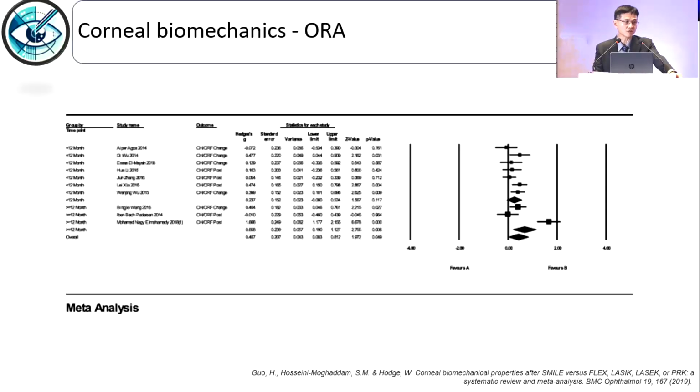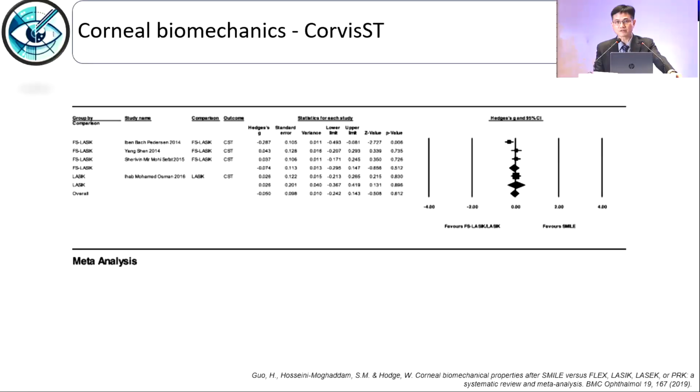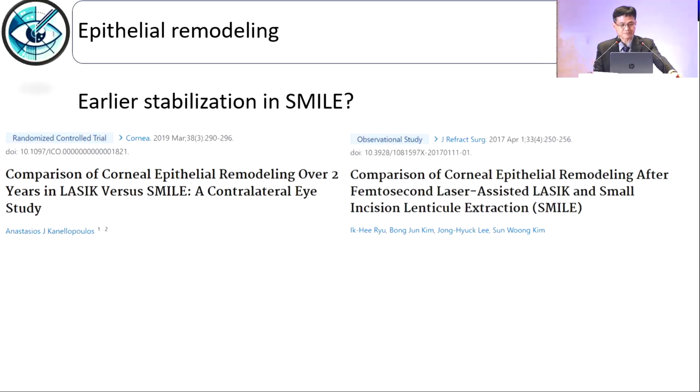How about the corneal biomechanics, which is what we are concerned about the most. With the Ocular Response Analyzer, this meta-analysis shows that SMILE seems to be better compared to femtosecond LASIK or LASIK. But with the Corvis, there is not enough data to document the superiority of the SMILE procedure compared to LASIK.